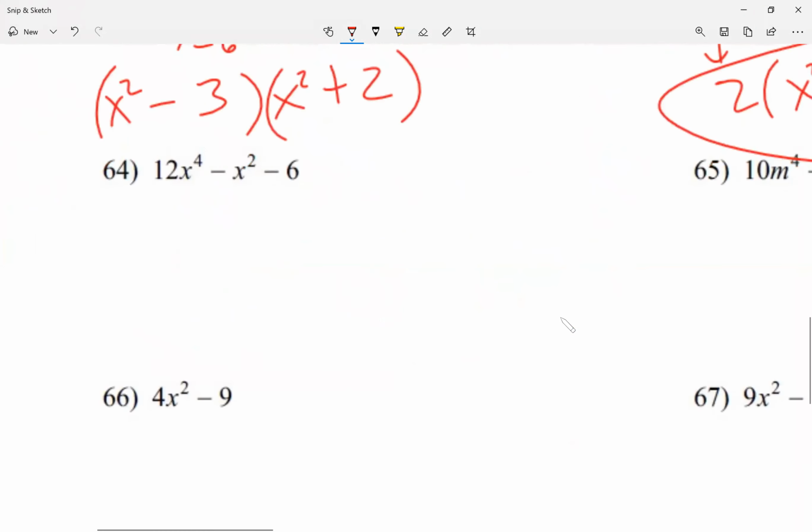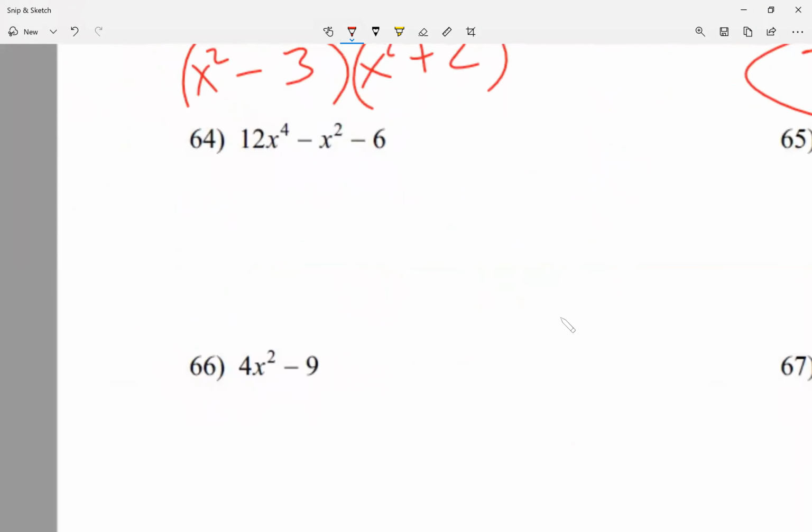But then we move into this one, number 64. I want the first number to be a 1. Can I divide everything by 12? Not quite. So in this case, we're going to think of two numbers that multiplied equals -72.